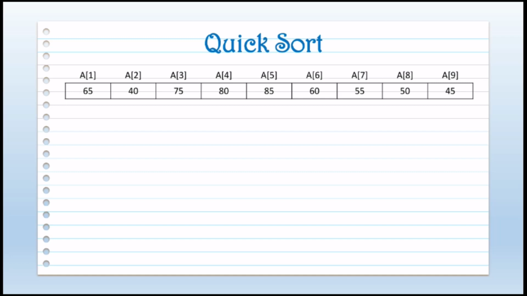That means here suppose we have taken the first element, that is 65, as pivot element, then we will try to find the position of 65 in the sorted list, and the elements present before the 65 should be less than 65, and the elements present at the right hand side should be greater than 65.